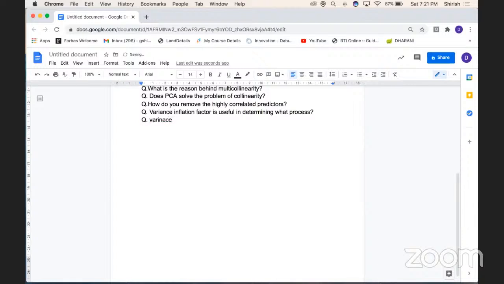Variance inflation factor is imported from what package in Python?